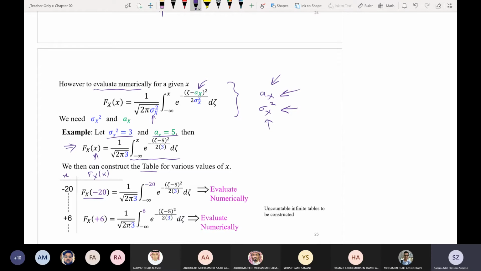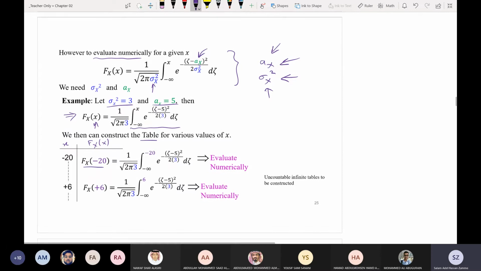For different random values, you can have different values of sigma x squared. So if I want to create a table for fx of x for every random variable, I need how many tables here?